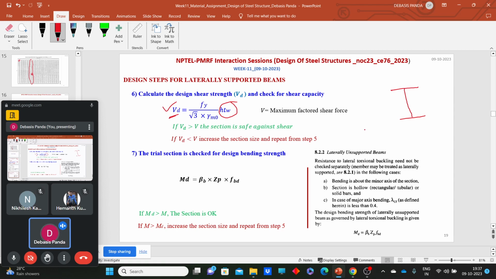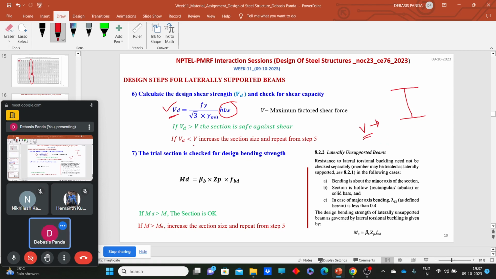Now, what is that V? V is nothing but the maximum factored shear force. That means in step 2 we calculated the maximum bending moment and maximum shear force. So this V is the maximum induced shear force due to the application of load.